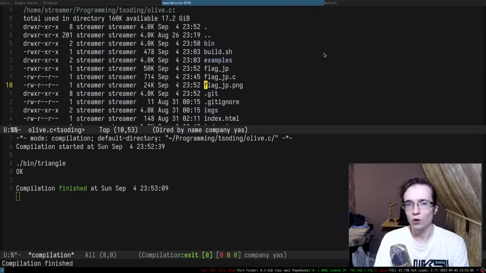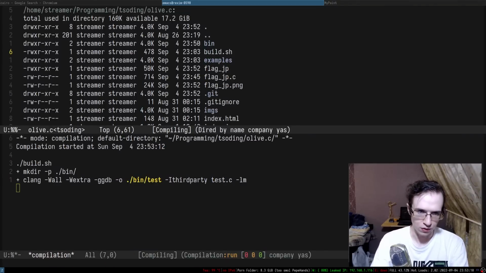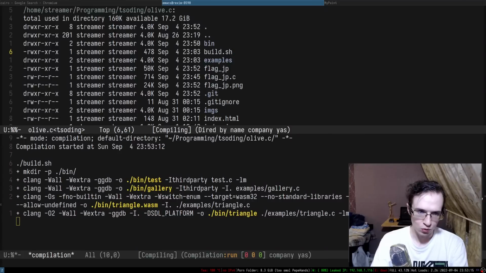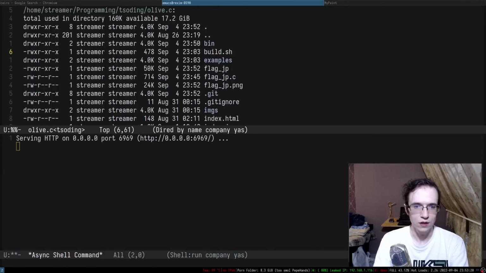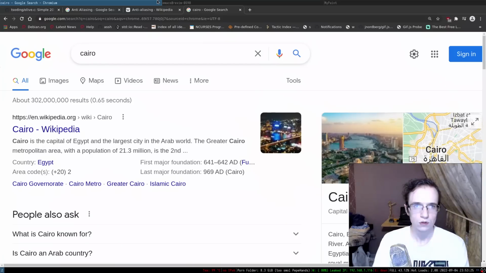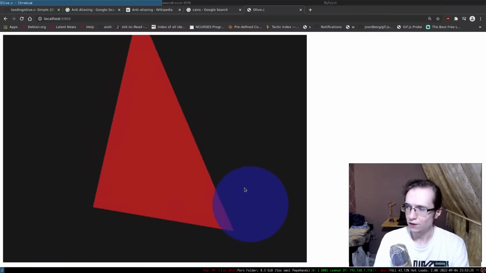So, and all of these things also should work in the browser, right? So let's actually check how it works in the browser. We can compile all of that to WebAssembly, right? HTTP server 6969. All right. So we're serving this thing. And here is an example, right? So this is running in the browser.